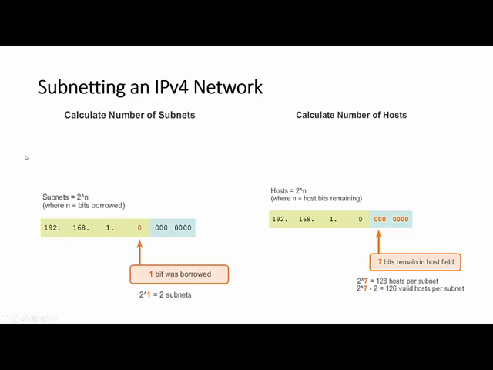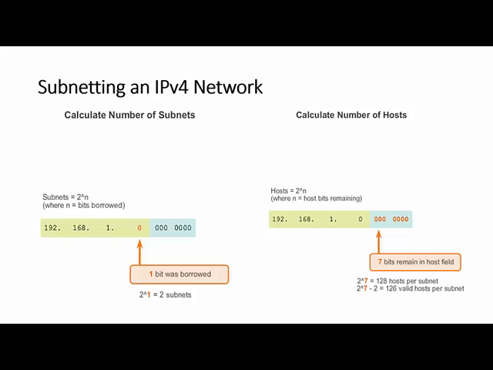For example, here 1 bit is borrowed, so the number of subnets is 2 to the power of 1, which is 2. So there are 2 available subnets. And the number of hosts in each subnet is 2 to the power of the number of bits remaining in the host field, which is 7 here.